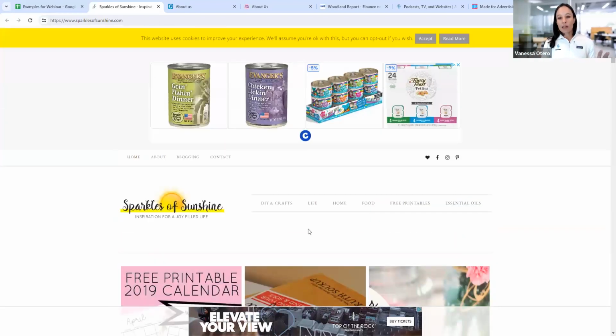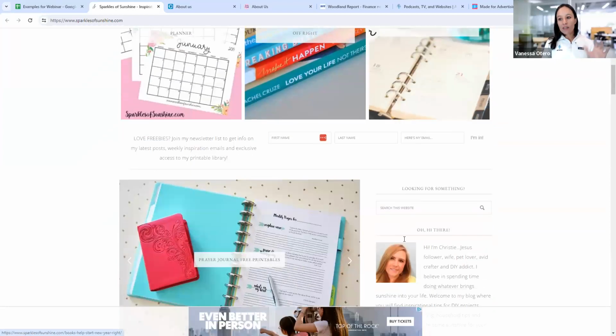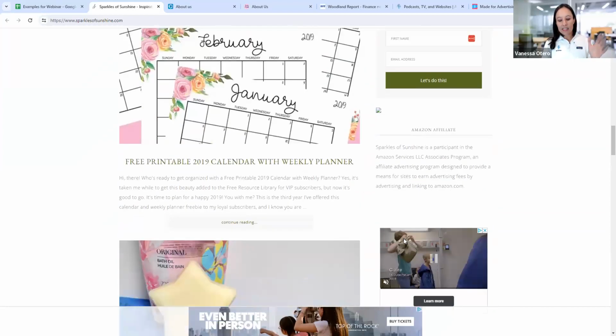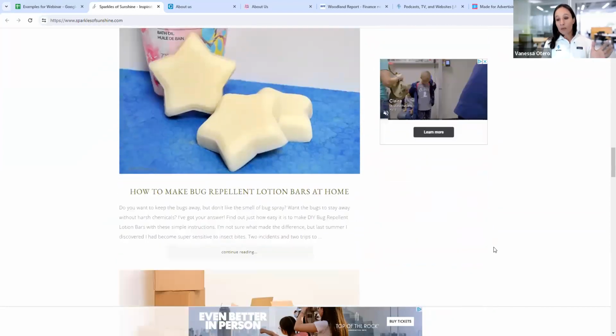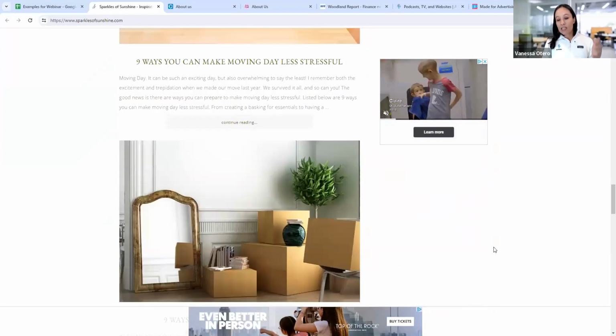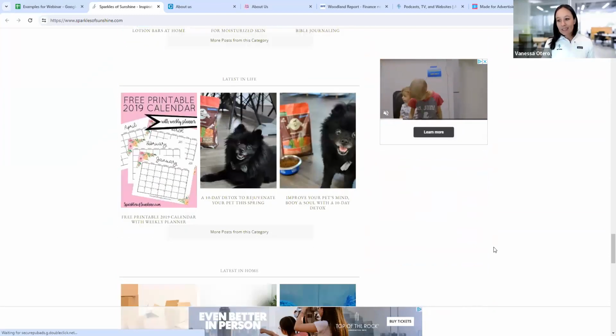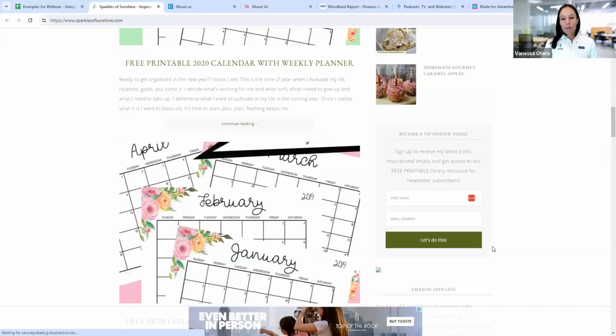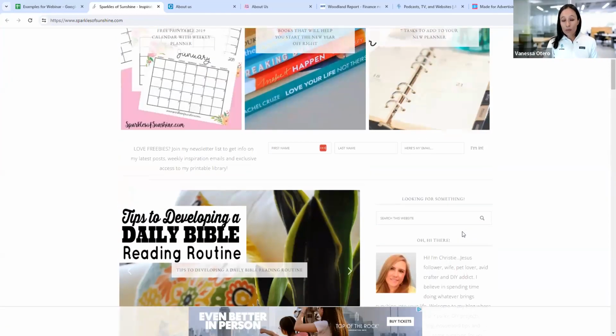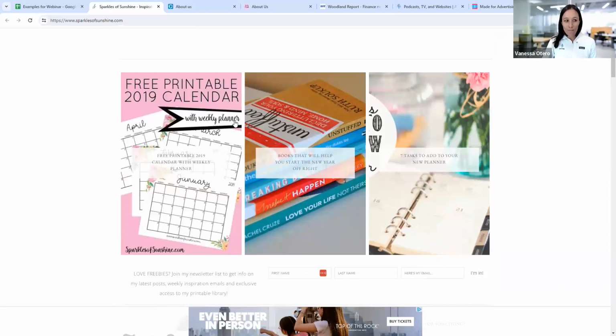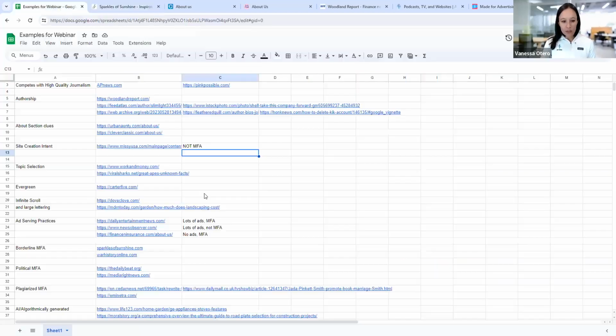So this one, again, because of the ad serving practices, we'll call it borderline. To say that this is definitely MFA, not really. Maybe too obtrusive of an ad experience for some. So that's why we classify it as borderline.